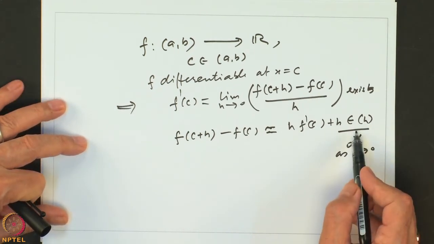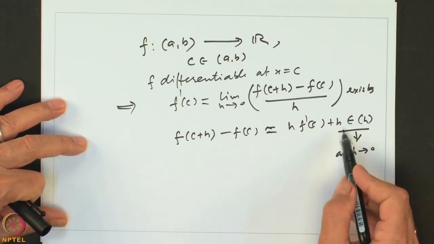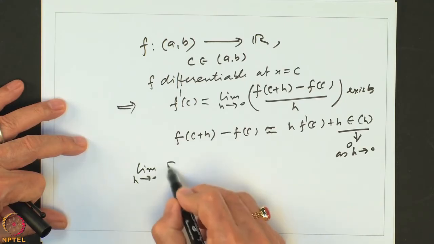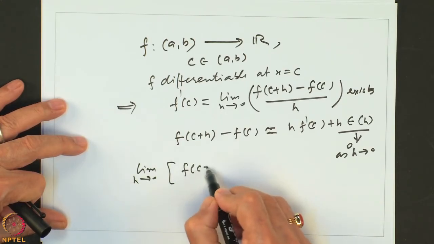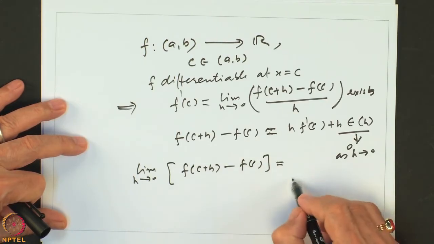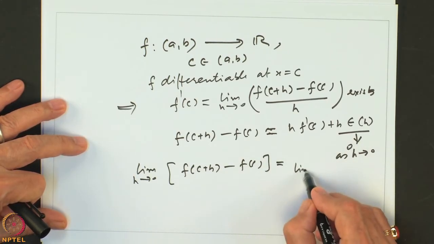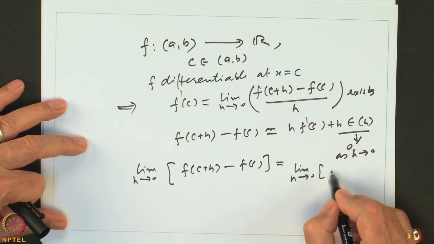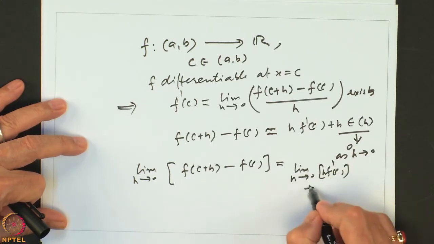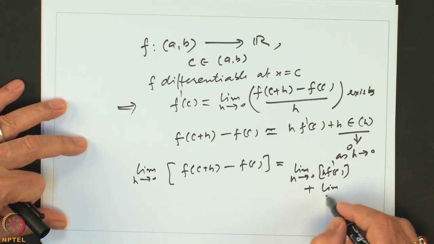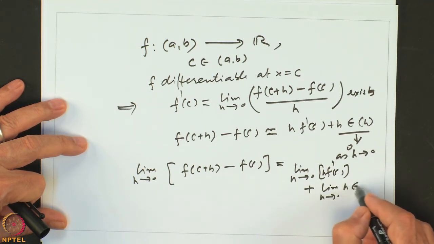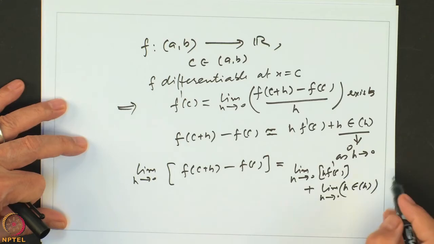So, let us recall this equation. This is true. So, what is the limit of this as h goes to 0 of f of c plus h minus f of c? By limit theorems, it is the limit as h goes to 0 of f dash of c times h, plus the limit as h goes to 0 of h times a quantity epsilon h.